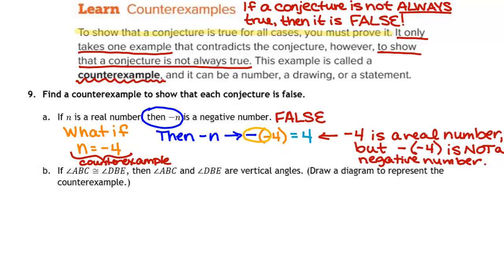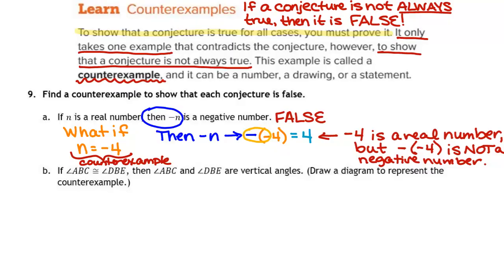So the counterexample is the thing that makes the first part of the statement true, however, the second part of the statement would be false. I found a number that met the first part of the criteria. n was a real number, but the second part of the statement was not true.